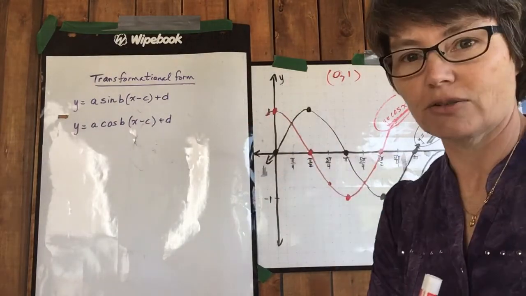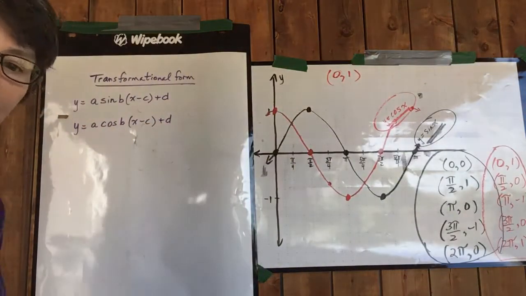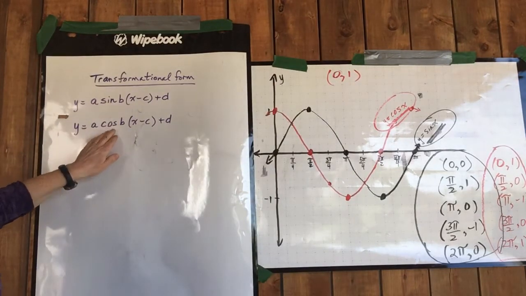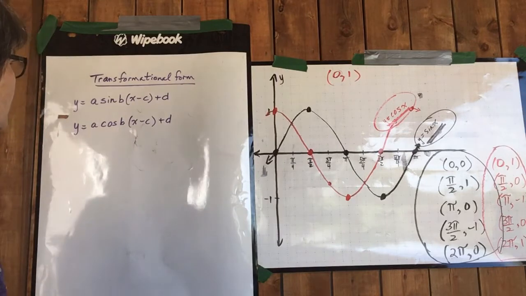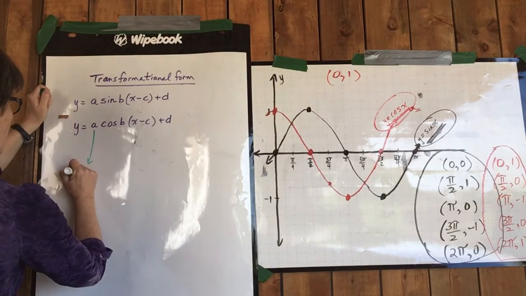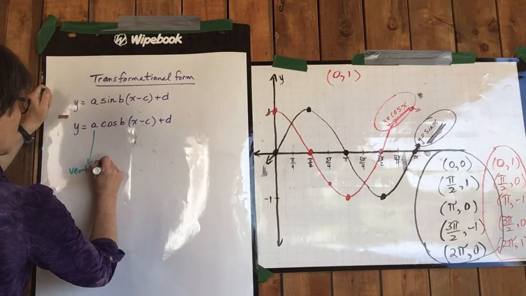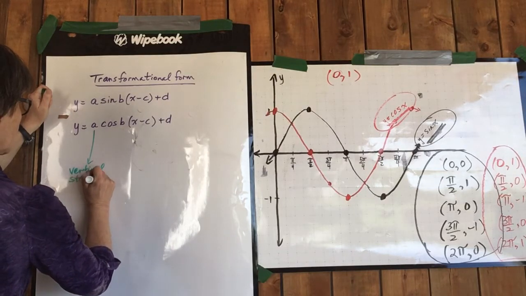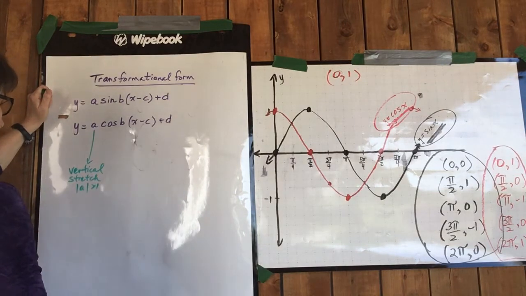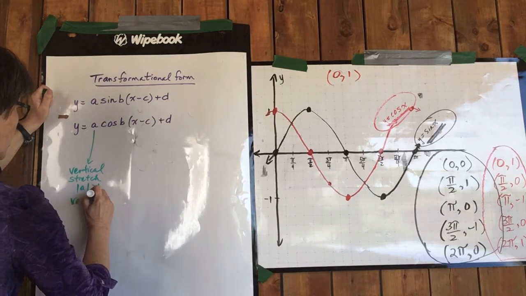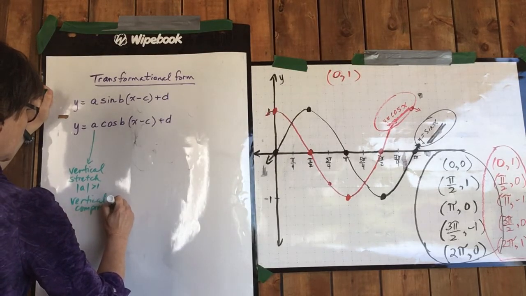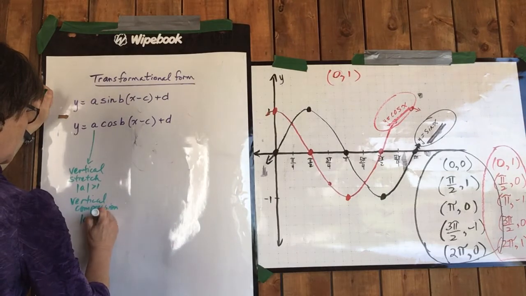Now, over here to transformational form. Transformational form looks exactly the same for both of them. The only difference is the sine, the cosine. So for both of these, A is the vertical stretch if the absolute value of A is greater than 1, or the vertical compression if the absolute value of A is less than 1.